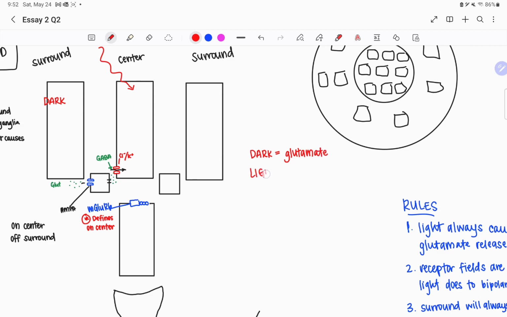Light equals less glutamate. Okay, this is like the main rule when you're dealing with the eyes and sight, vision.